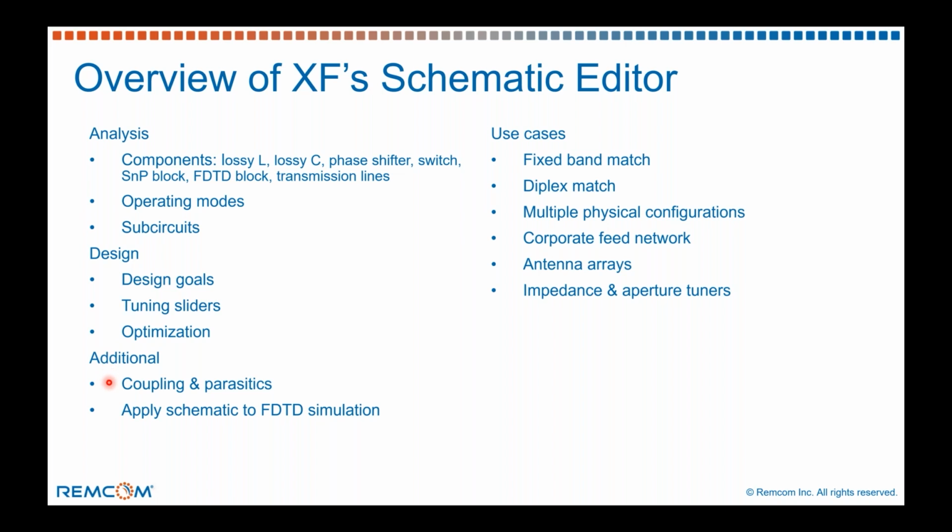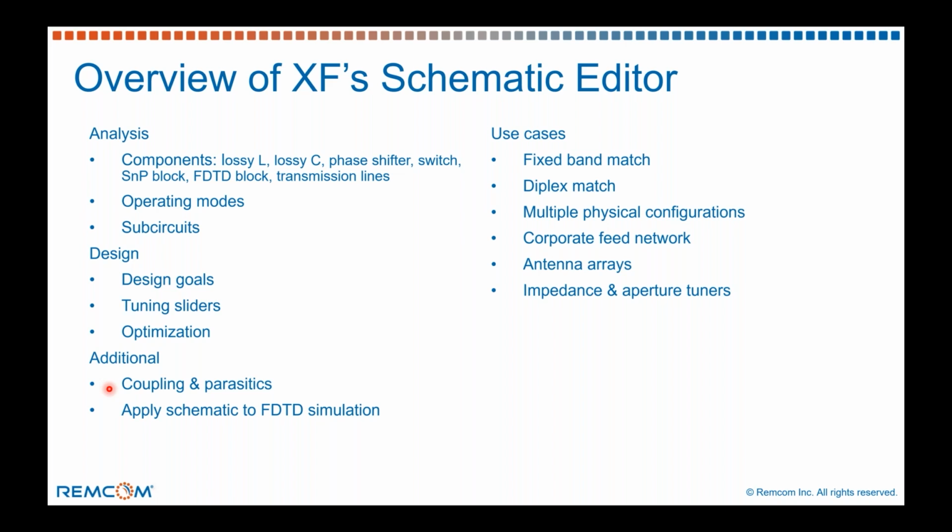And then a couple other topics have to do with the coupling and the parasitics. If you think about a schematic, probably the first thing that comes to mind is just the schematic layout with the ideal component values. Maybe they're lossy, but you're just using wires and grounds to connect everything. But when you go a little bit farther into your design process and it matures, you'll be taking that matching network and laying it out on a PCB.